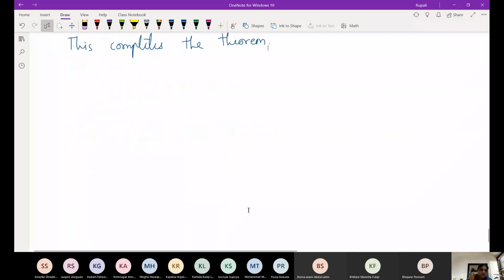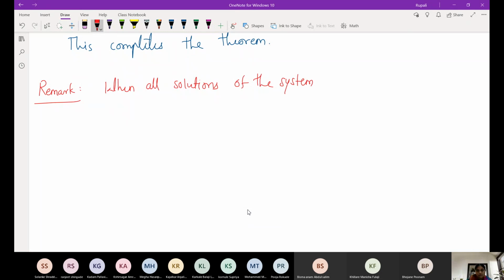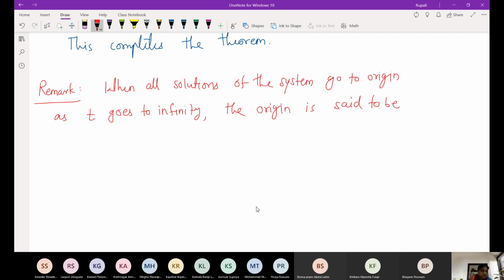So remark, okay, when all solutions of the system go to origin or tend to origin as t tends to infinity, the origin is said to be asymptotically stable.